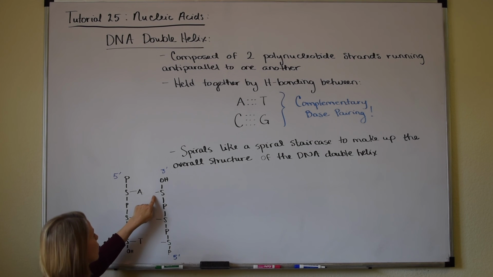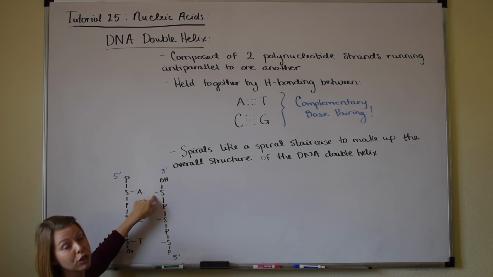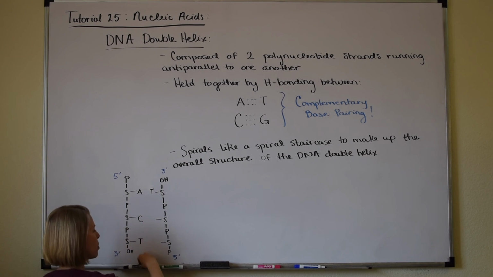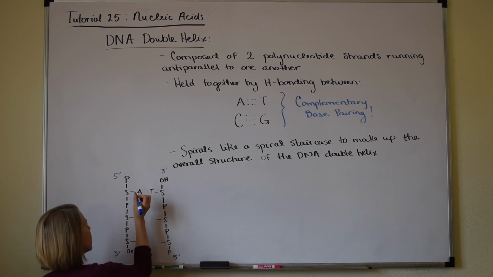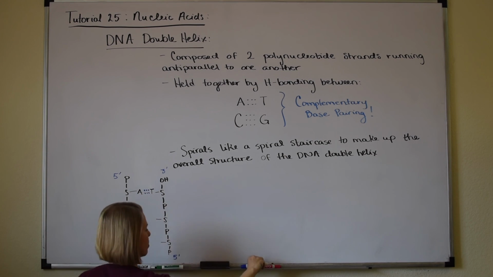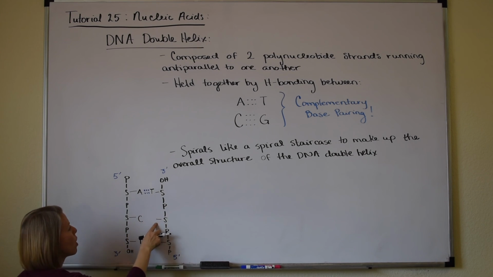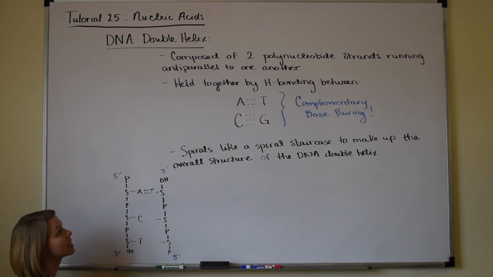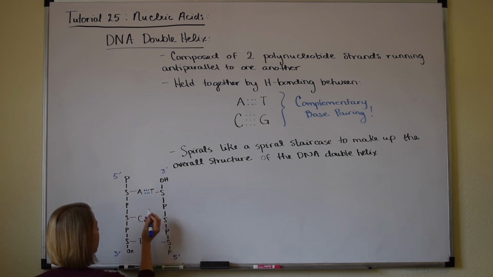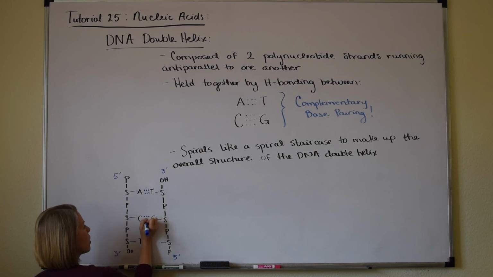So what base must be off of the sugar? Well, adenine only complementary base pairs to thymine, so there must be a T here. And then I'll put my hydrogen bonding in blue, try to make it stand out. What base has to be here? Well, C only hydrogen bonds to G, and then they form 3 hydrogen bonds.